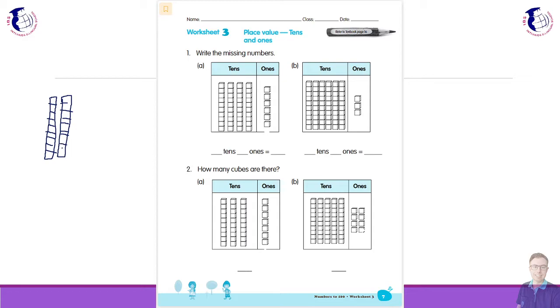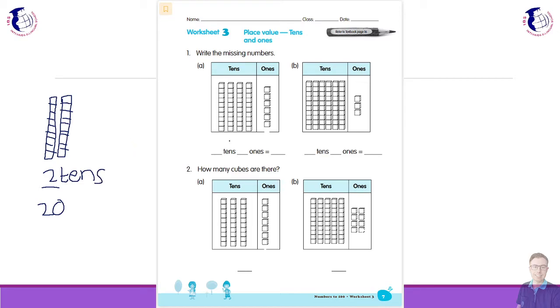Let's just pretend that each one has 10. So if I was going to count these, there would be 2 tens. So then in the little gap at the bottom, you would write 2. Do not write 20. There are not 20 tens, there are 2 tens. The number is 20 altogether, but there are only 2 tens.